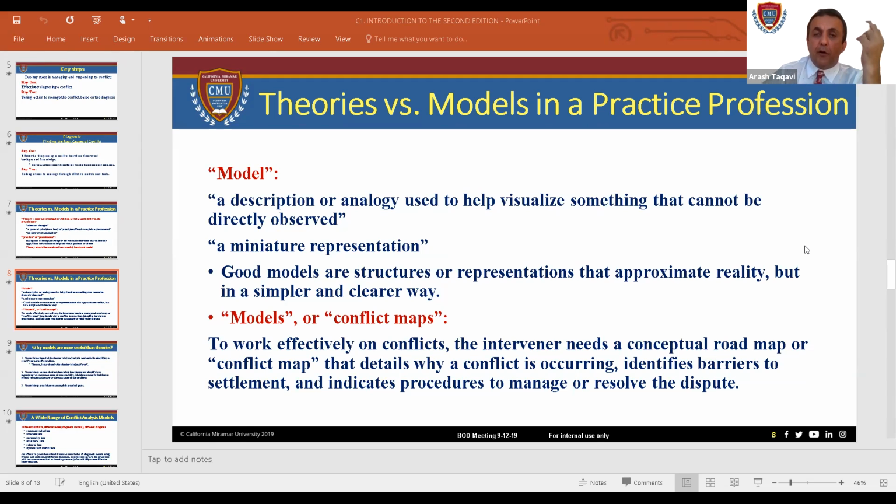ADR: one, a model for analyzing why a conflict is occurring, is the question for analyzing the conflict. Two, identify barriers to settlement, diagnosis of a conflict. And three, resolving or resolution, indicates procedures to manage or resolve the dispute. ADR.